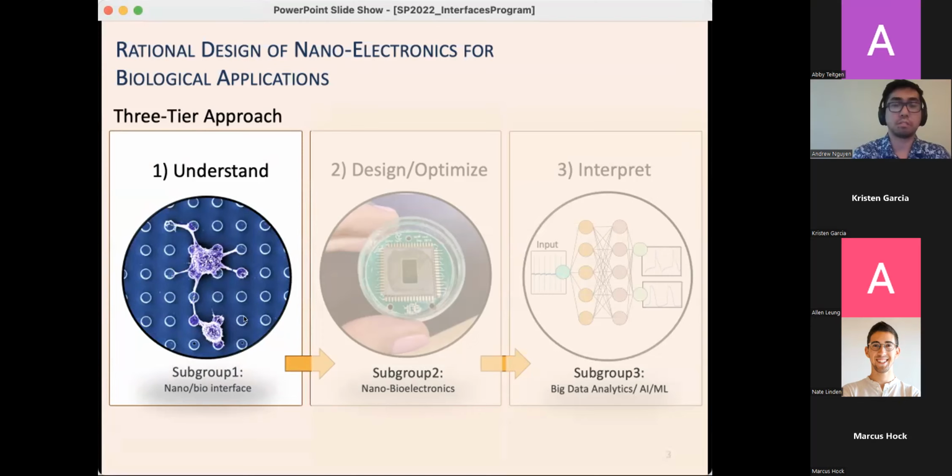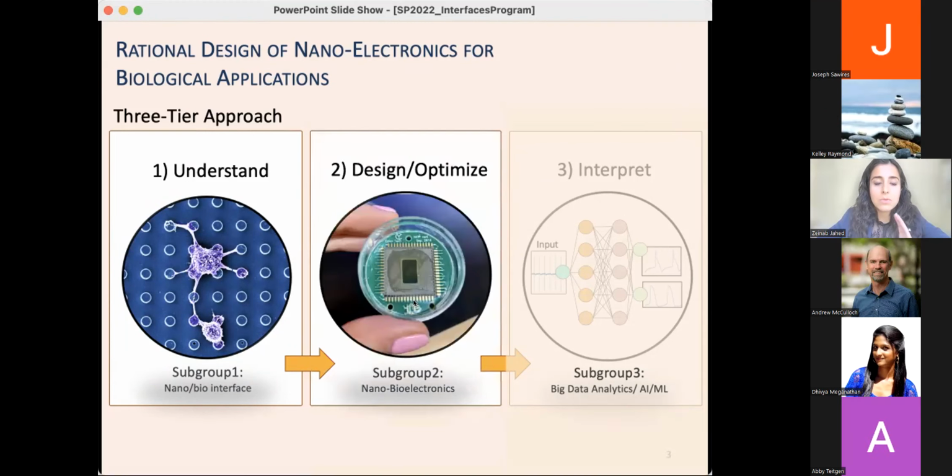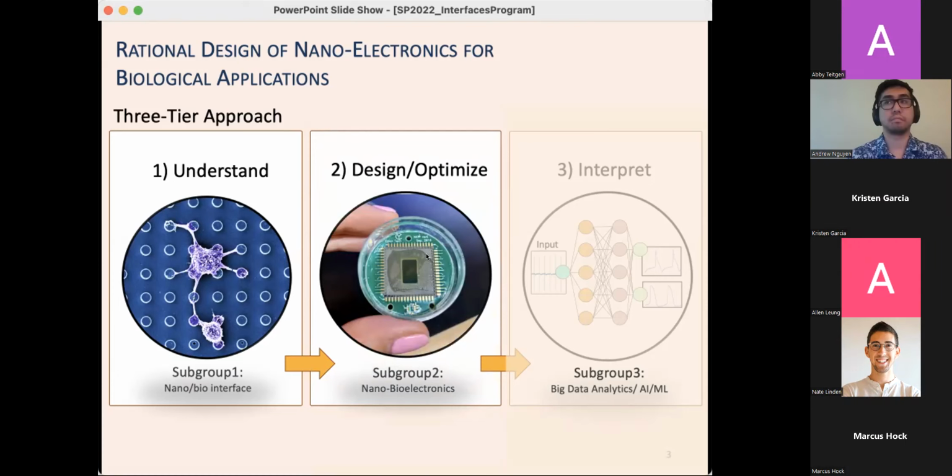So one subgroup in my lab does these fundamental cellular and subcellular scale studies of this nanobio interface. And then we use this information that we get from this nanobio interface to design and optimize our electronics for different applications that I'll talk about today, and to be able to sense and manipulate different biological processes.